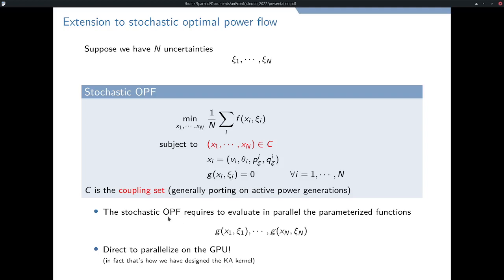Here we observe that if we can evaluate in parallel the following parameterized functions, G1 to Gn, or if we can exploit their common structure on the GPU to speed up the evaluation, we can get a fast evaluation of the stochastic OPF on the GPU.